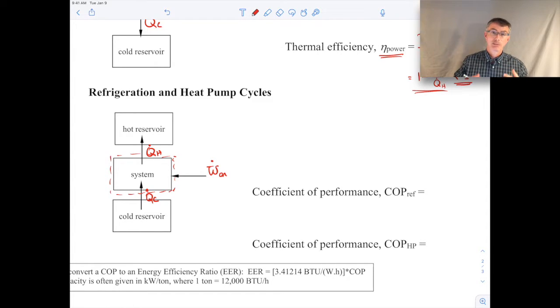It's so that we can pull the energy out of the food and air that's within the refrigerator, and then that energy goes out through the radiator into the surrounding room. If it was an air conditioner, you'd be pulling the energy out of your house, and then that goes out through a radiator out into the surrounding air, like the air outside. So that's how a refrigeration cycle works.